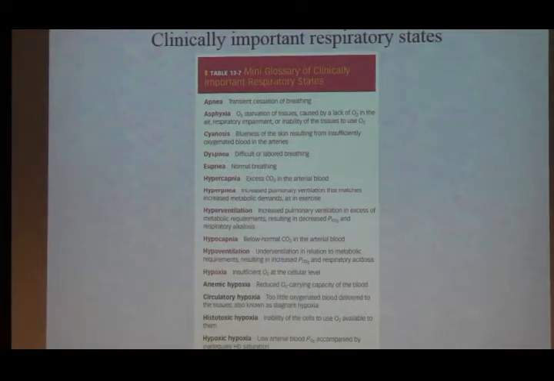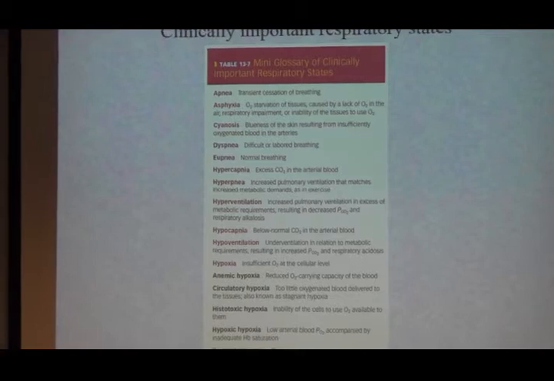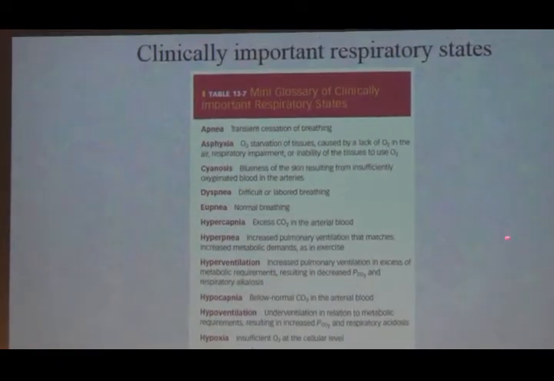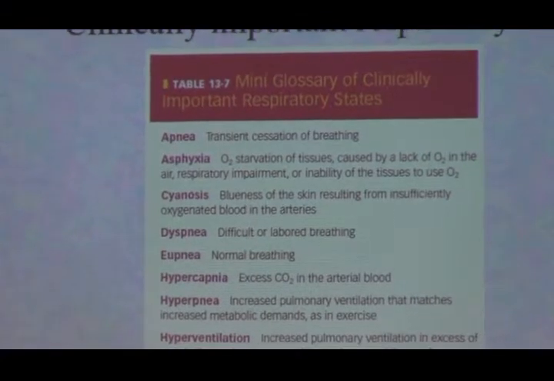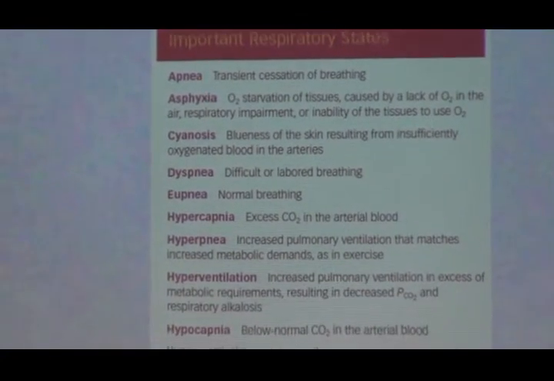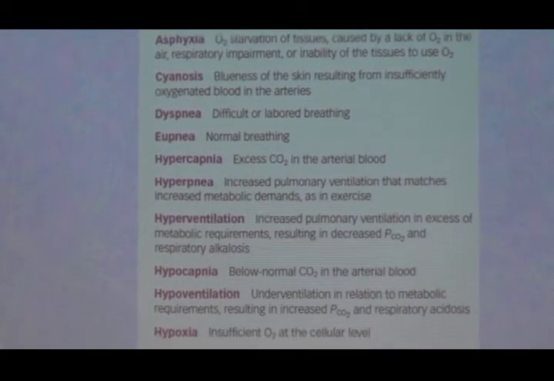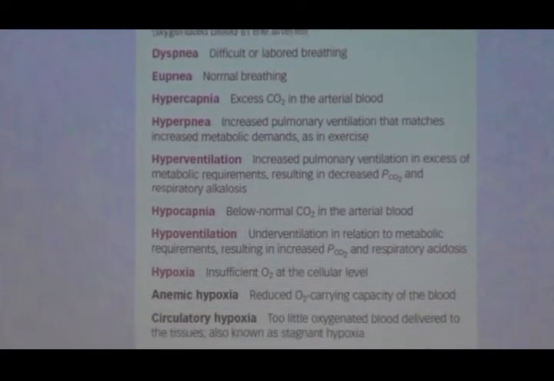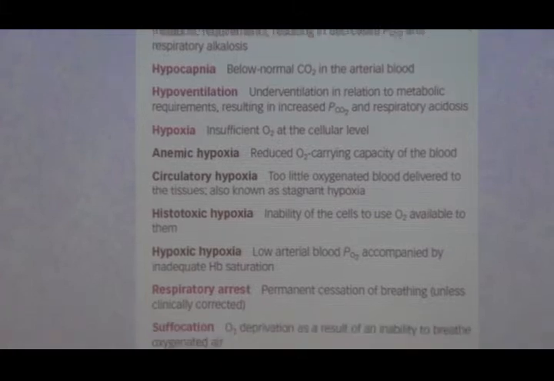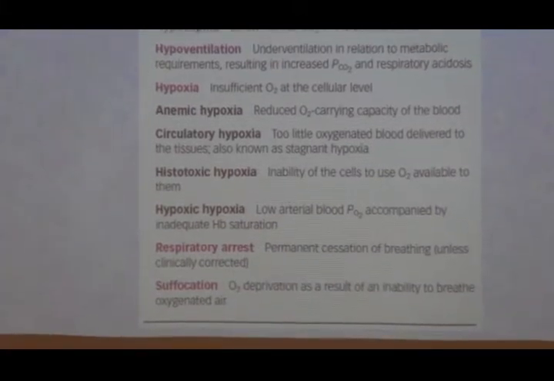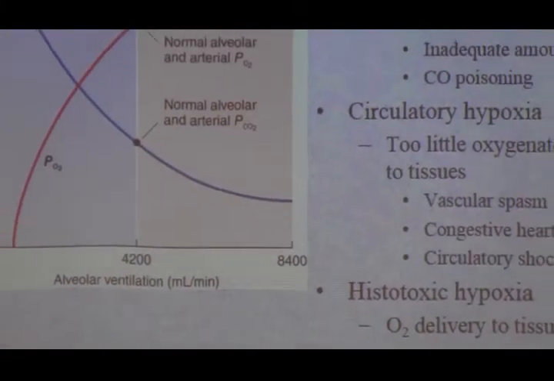This is a table that I included in the handout that is a mini glossary of terms that are used clinically to describe specific respiratory states. Some of these terms are the ones that we just covered, so this would be a good way to review these last two slides.